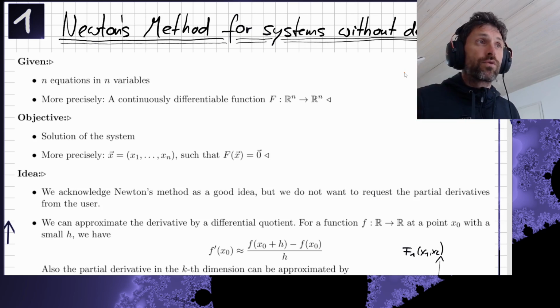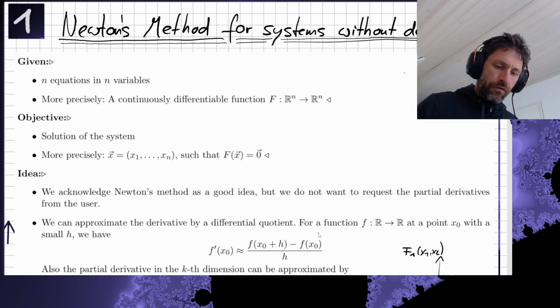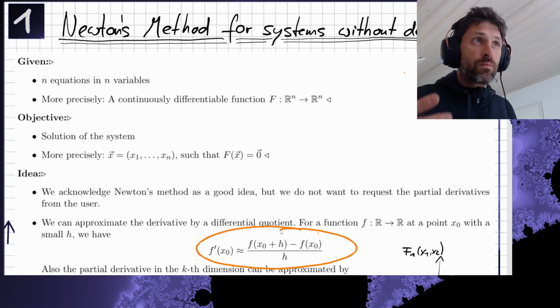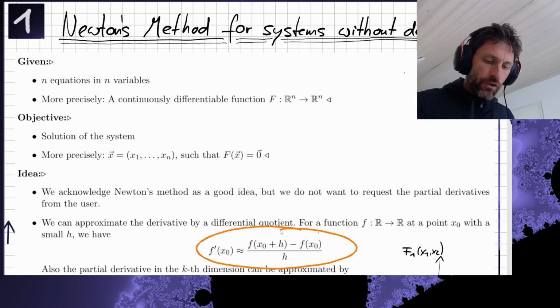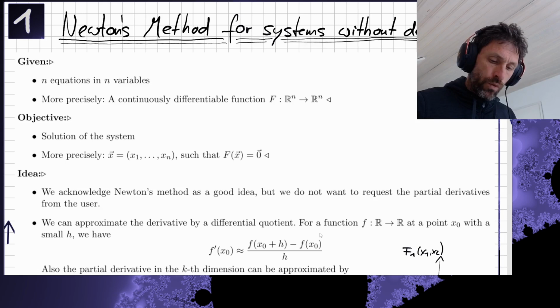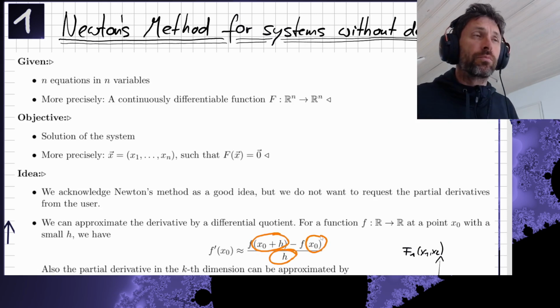How can we approximate a derivative for a function in one variable? We can approximate the derivative by this quotient. We evaluate the function at 2 points, and then we divide by the difference of these two arguments.